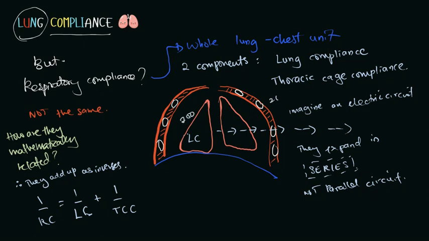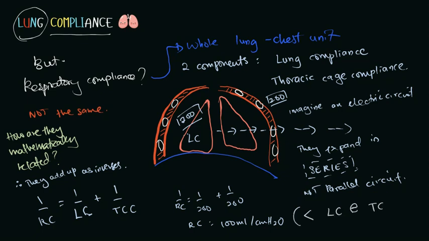Both the individual lung compliance and thoracic compliance have a compliance of 200 mL per centimeter of water. Adding them up, we will have a respiratory compliance equal to 100 mL per centimeter of water. Remember that since they add up in inverses, the overall compliance of the chest wall unit is always less than the sum of its parts.